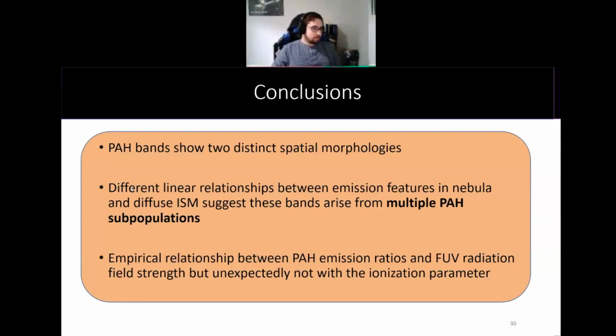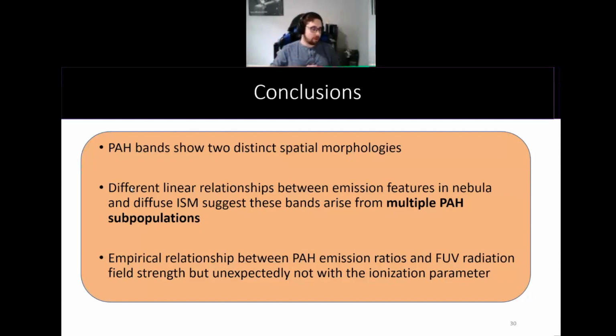So from this study, we can conclude that the PAH bands, the ionic PAHs and neutral PAHs, show two distinct spatial morphologies within the reflection nebula NGC 133. We find bilinear relationships between multiple emission features within this nebula and the diffuse ISM, which we think can be attributed to multiple PAH subpopulations comprised of different properties.